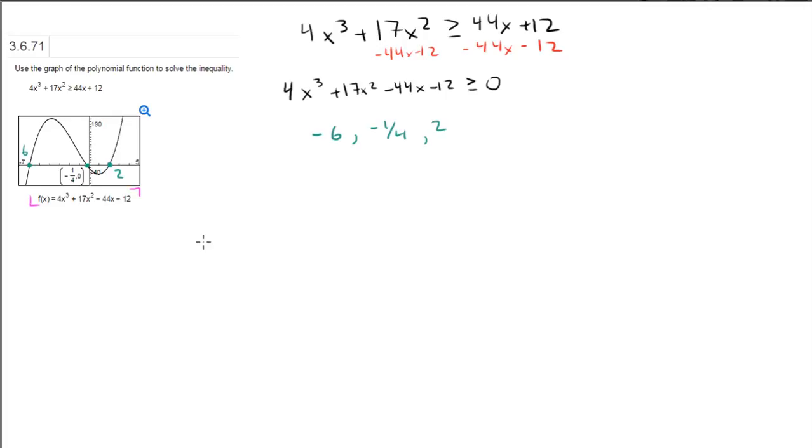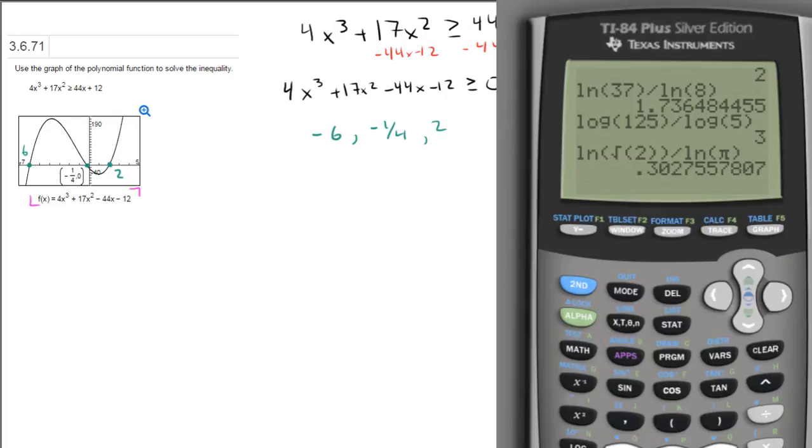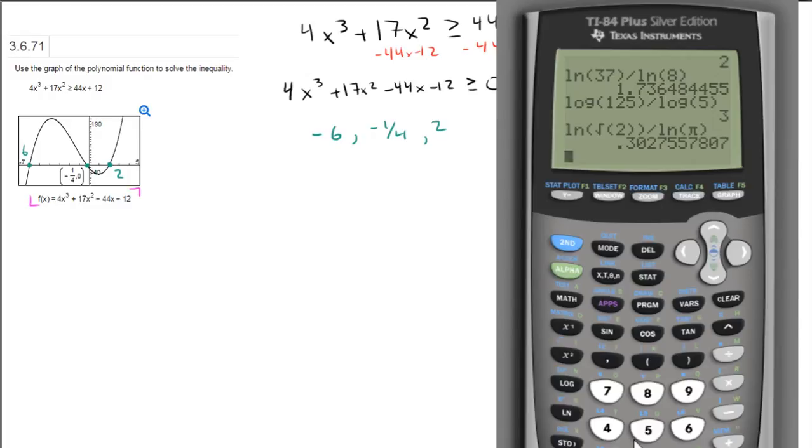And what I could do is pull up a calculator here. Let's take negative 6 and store that as x.